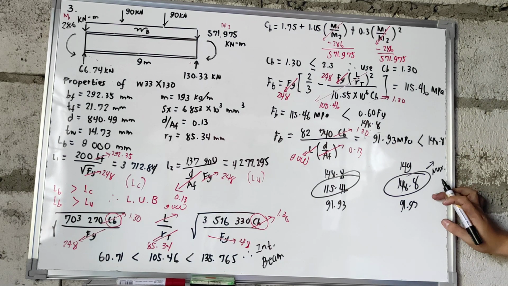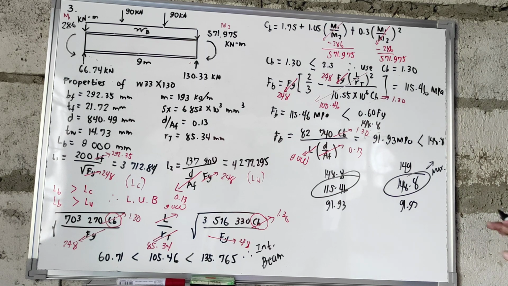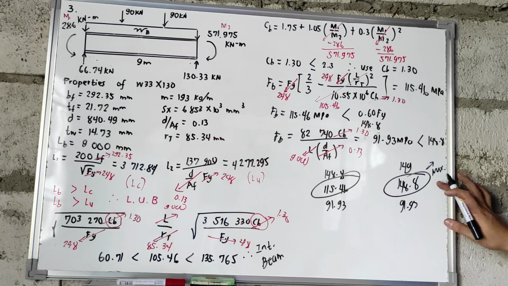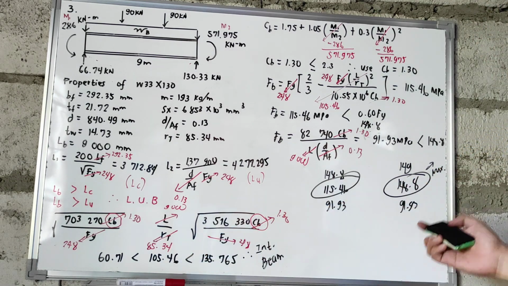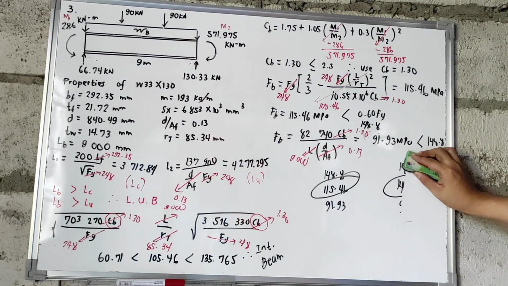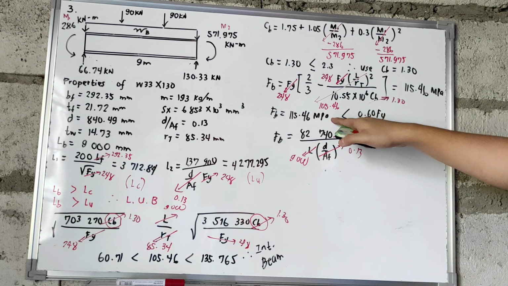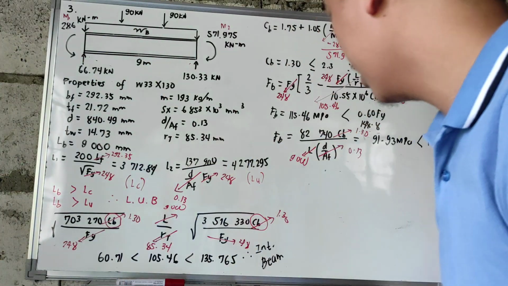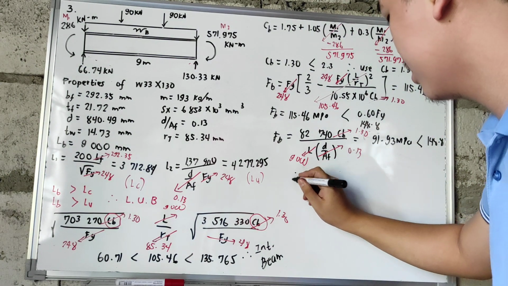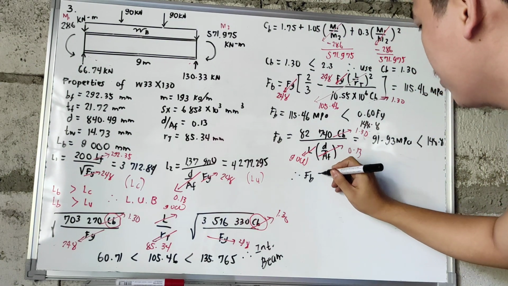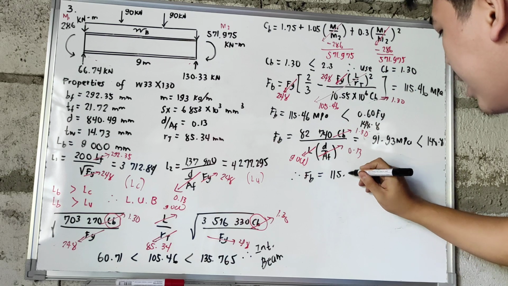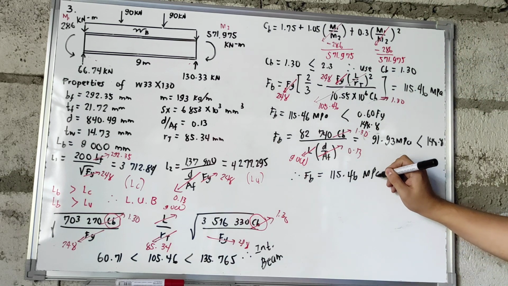So, kapag nag-exceed na sa 0.60 Fy, yung value ng FB natin, automatically, kunin na natin yung maximum value ng allowable bending natin. Nag-govern is yung value na to. So, therefore, the value of our allowable is now equal to 115.46 megapascal.